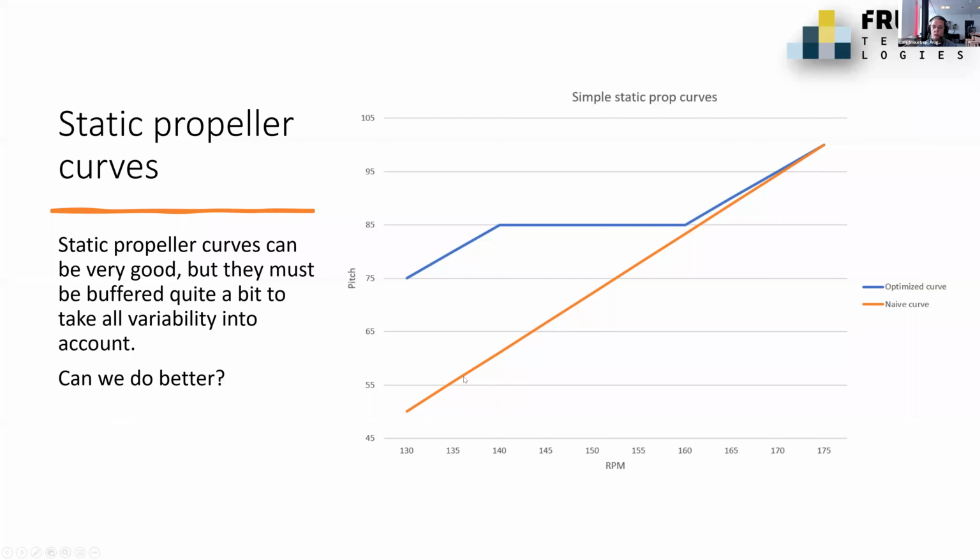That's pretty wasteful, particularly at lower speeds. You see that there's a lot of room between the two. You could add a lot more work to the engine without getting into trouble. And then you have the optimized curves, which is what you get with most propulsion control systems, which have been optimized from the factory, but taking into account that things won't look equally good at all times. So it's a good curve, but it might not be equally good at all times. Well, certainly it could be made better.